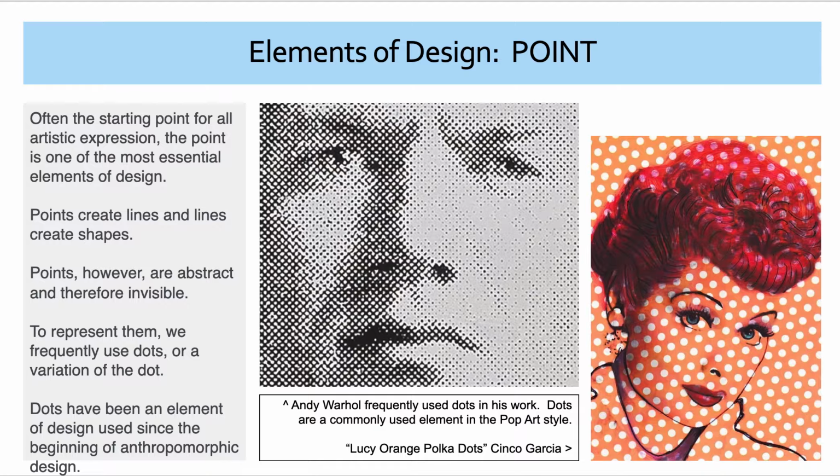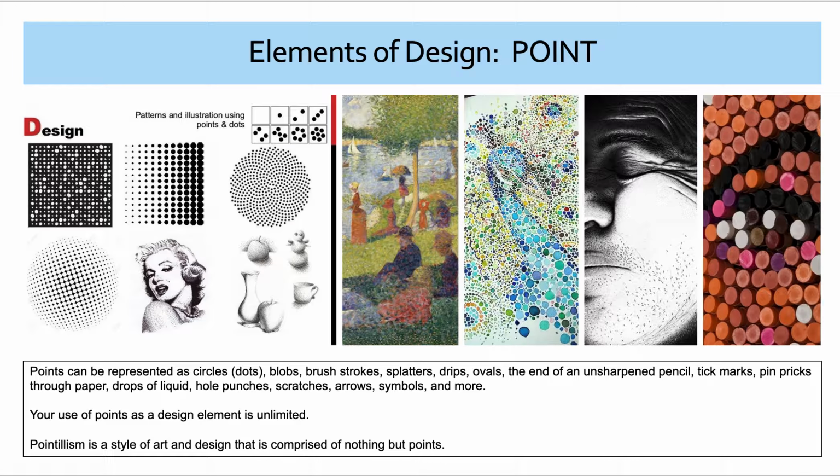Here are two examples of dots. Andy Warhol used dots, and here is artwork by Cinco Garcia, including dots. Actually, he used dots here as texture. Points, dots, can be represented as circles, blobs, brush strokes, and these are examples above.